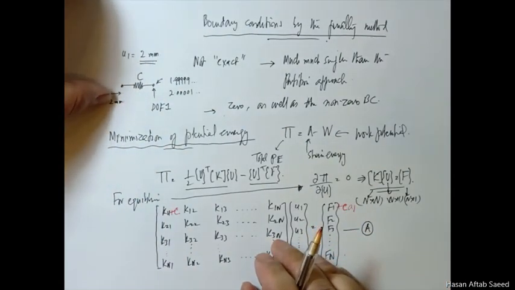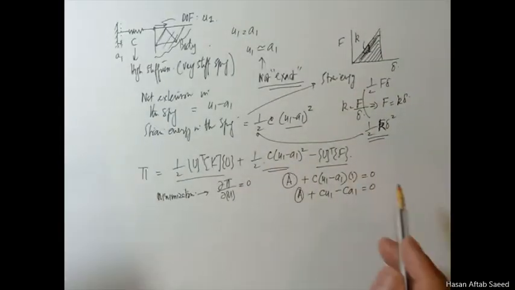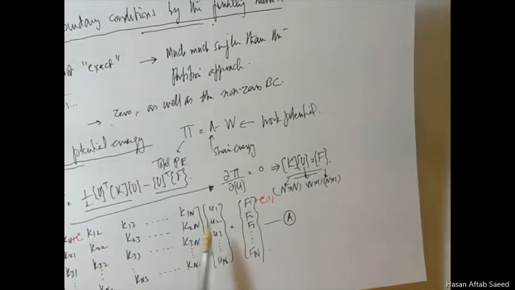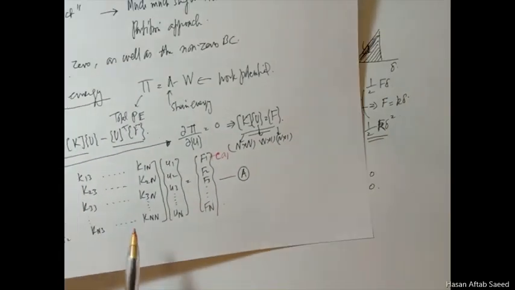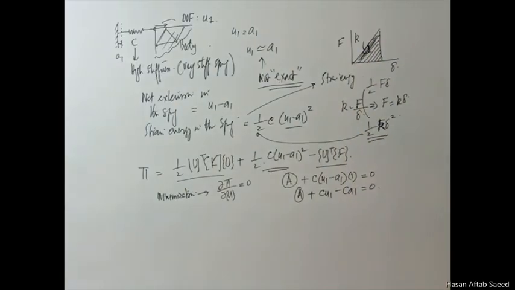I change the sign of c a1 from minus to plus because it goes to the other side. Now the c multiplied by u1 makes this expression fully reflected here. So now this is your change in your matrix. That is all you need to do. So let me summarize this.